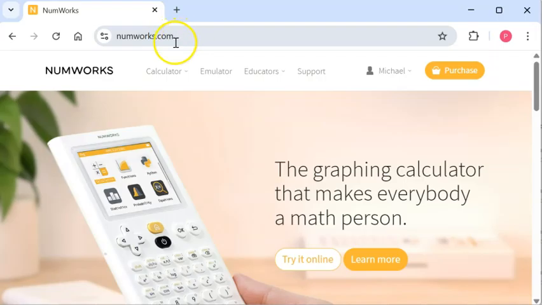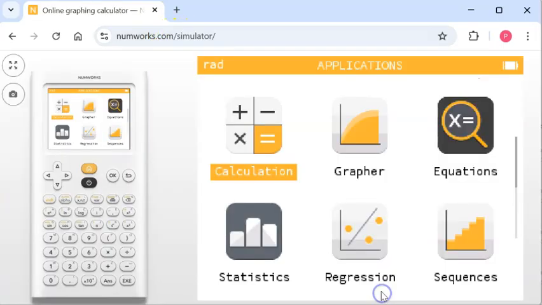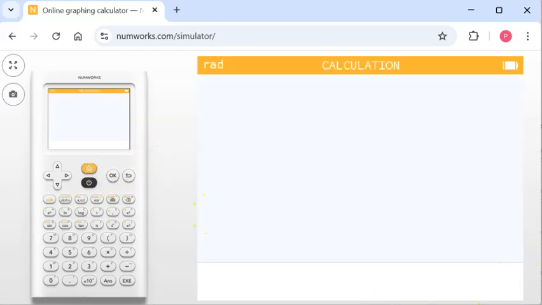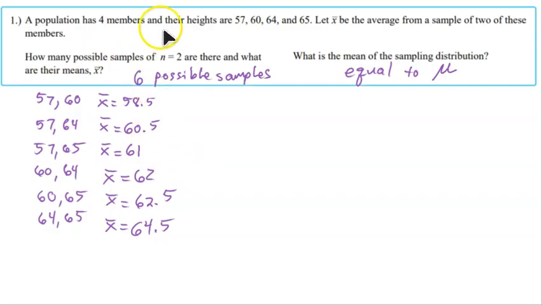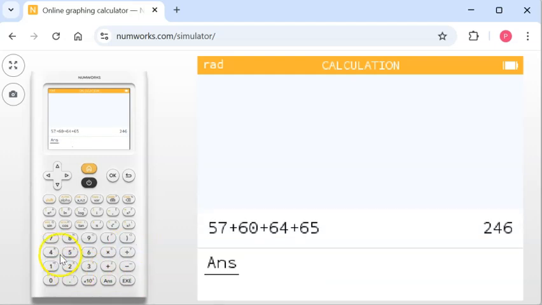All right, here I am at numworks.com. I'm going to hit emulator, and then go to full screen, and then go to calculator and hit OK. And we're doing 57, 60, 64, and 65. So 57 plus 60 plus 64 plus 65, and we're going to divide that by 4.